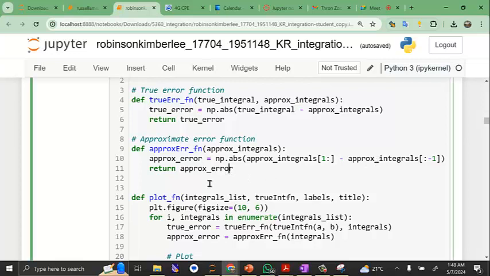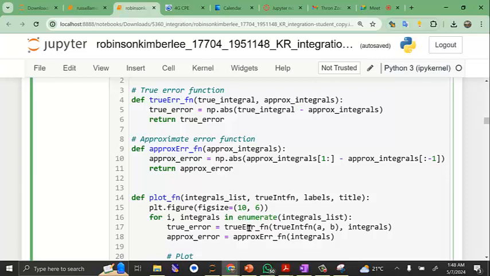All right. So then we have a plot. Here's a function to plot. Here we see again our old friend enumerate. So you have the index and the integral values. So here you do the true, let's see.